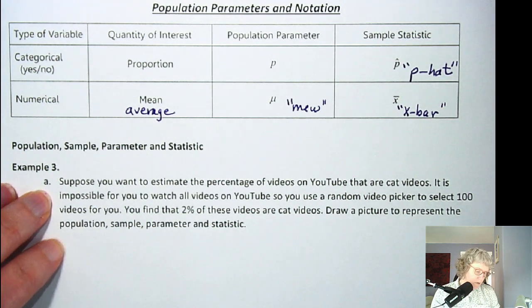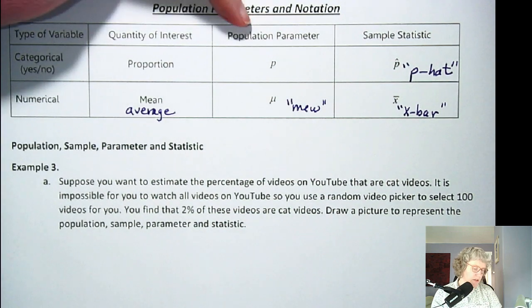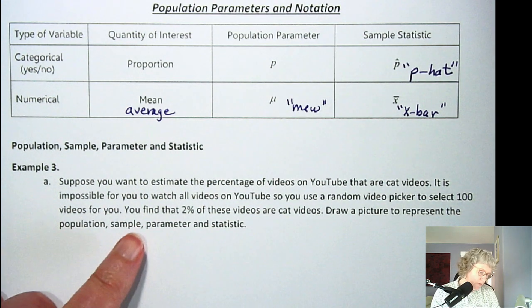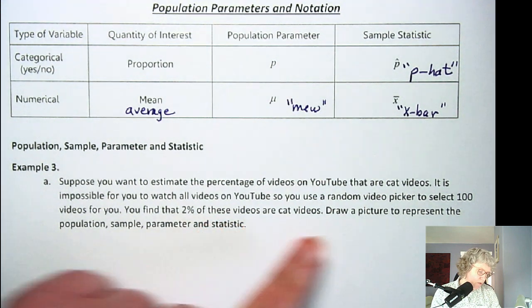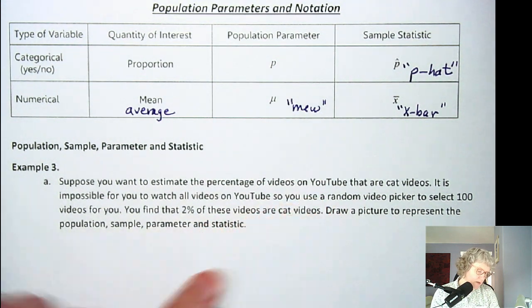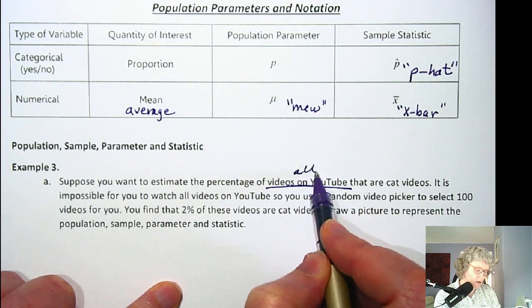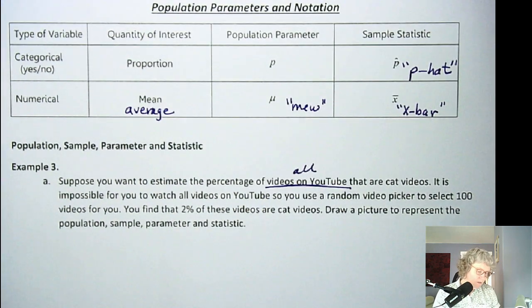Okay, so first think population. We said before that is the whole group we're studying. So it could be people. In this case, it's videos. Okay, so our population would really be, what are we interested in? We're interested in videos on YouTube, but it's really all of them, right? All videos on YouTube.